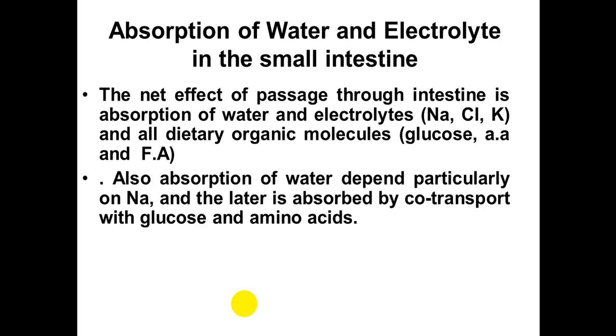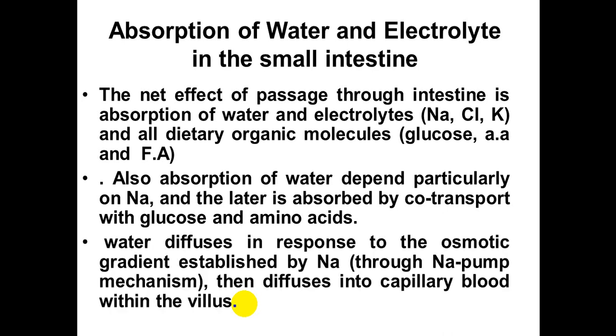Absorption of water depends particularly on sodium, and the latter is absorbed by co-transporters with glucose and amino acids. Water diffuses in response to the osmotic gradient created by sodium, and then diffuses into capillary blood.